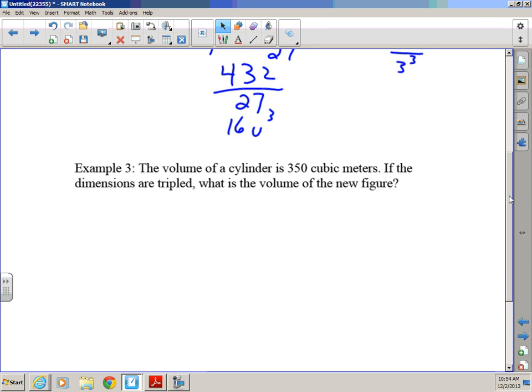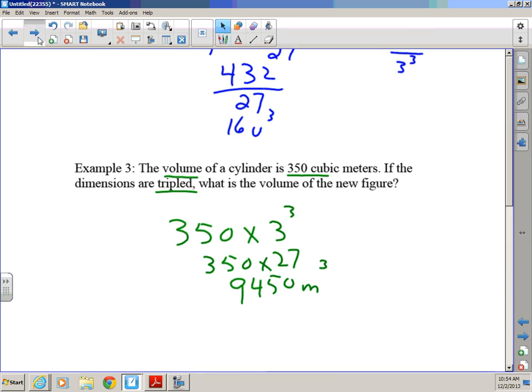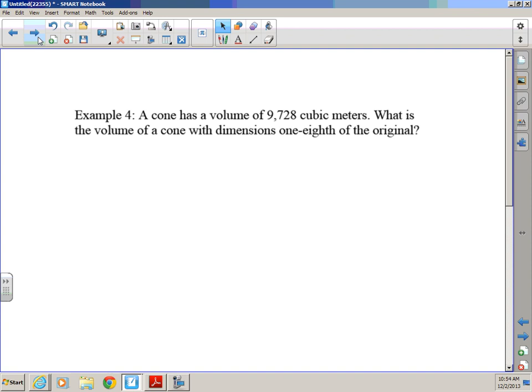Next example, my cylinder has a volume of 350 and it's tripled. So what am I going to do? 350 times 3 cubed, which is 350 times 27, which is 9,450 meters cubed. Okay? Last two examples.